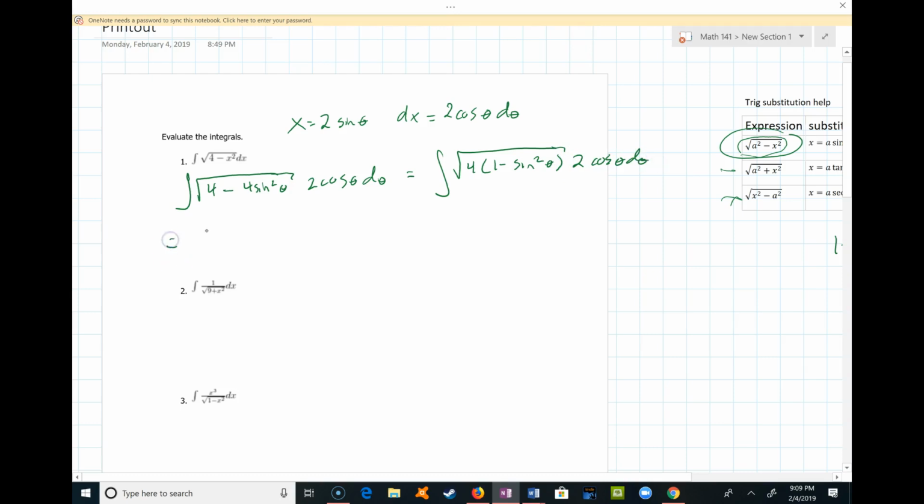The square root of 4 is 2, and 2 times 2 is 4. Then 1 minus sine squared is just cosine squared, and the square root of cosine squared is just cosine. So we get the integral of 4 cosine squared theta d theta.